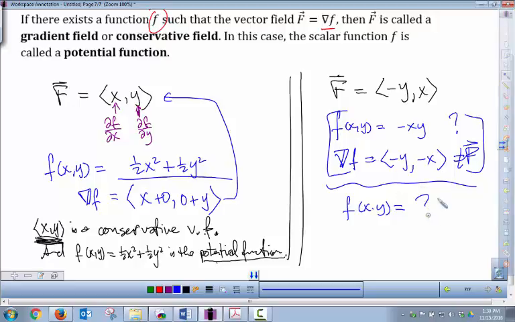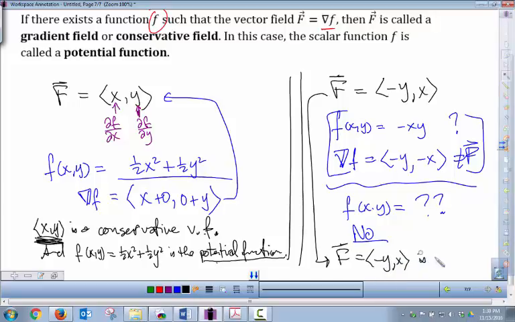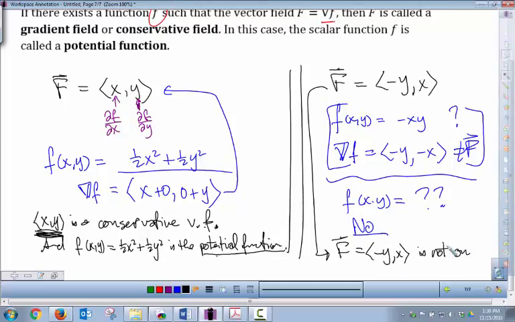Okay, I'll stop and say, no, we can't find such a function, so we have to conclude that this vector field, negative y comma x, is not conservative. And so because it's not conservative, we're not going to be able to find a potential function.